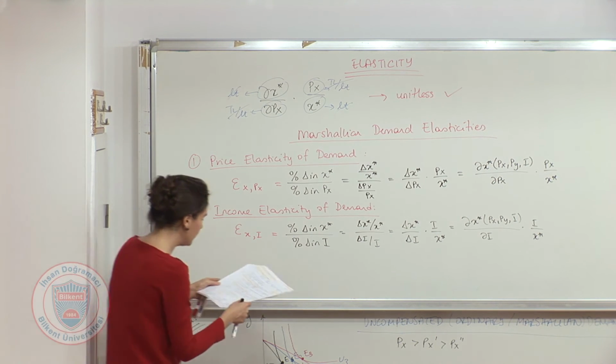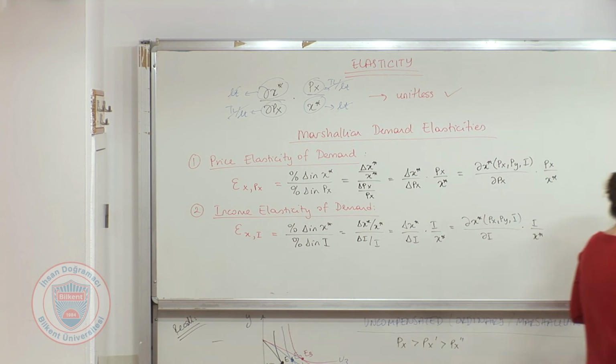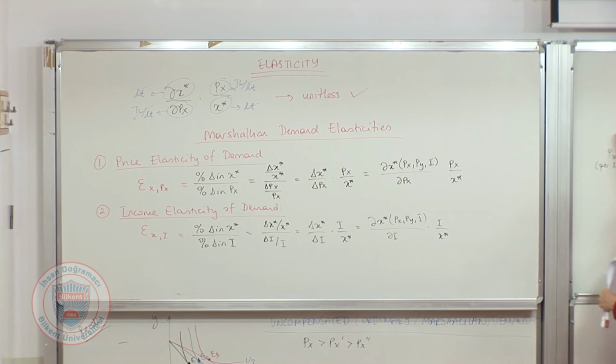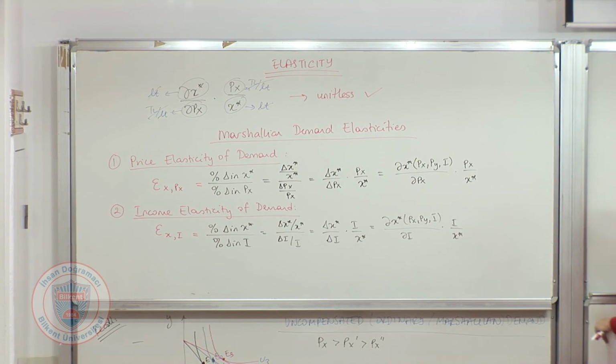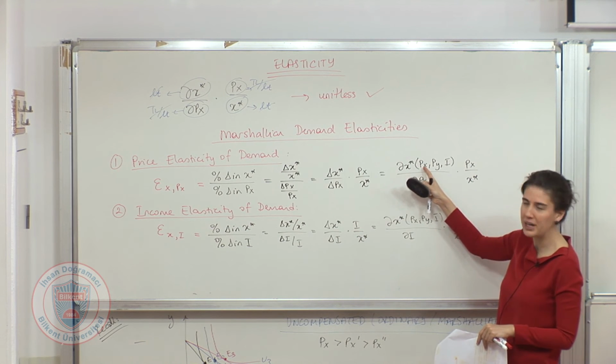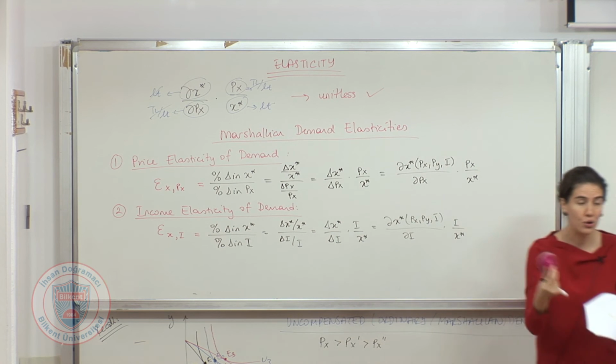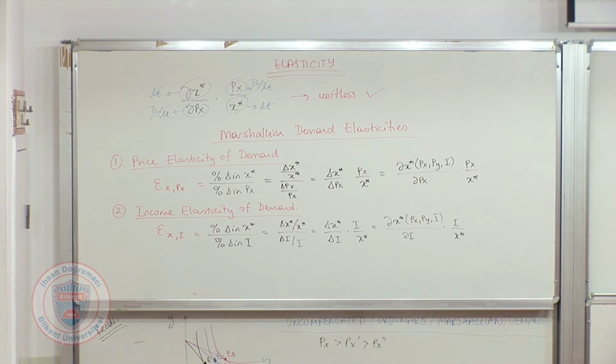So basically this is the case, and there could be another one. What could be the other elasticity that you can think of, the third one? I checked it with respect to px, and I checked it with respect to I. There's another one you would like to know: what's going to happen if the price of the other good changes. That's going to be the third one, and we call it, as you guys said, cross price elasticity.